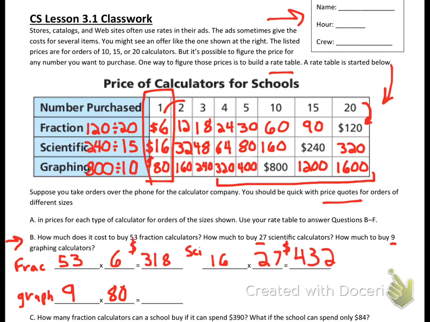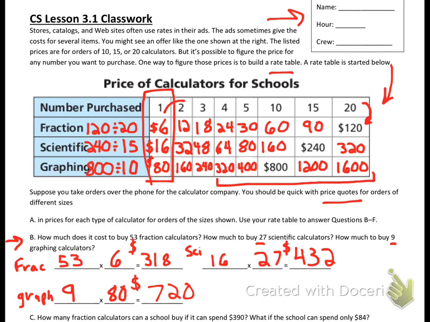And if I do 9 times 80, I end up with $720. So even though I get only 9 calculators, it is by far, it's like twice as much, more than twice as much, as getting 53 fraction calculators. That's a real big investment, I'm sure.